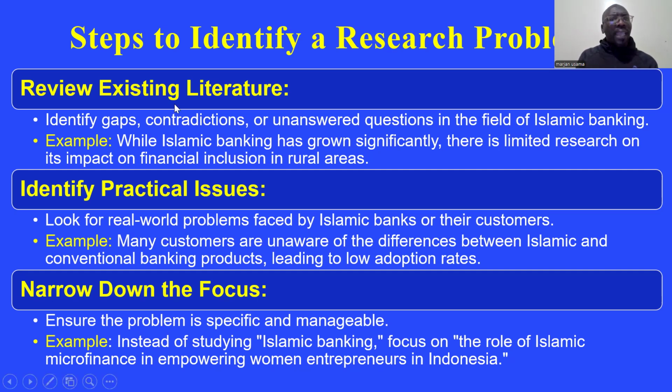Identify gaps, contradictions, or unanswered questions, for example, in the field of Islamic banking. You cannot know if there is a problem if you don't review what other people have written. If you read and review what other people have written, then you will realize maybe there is a gap.